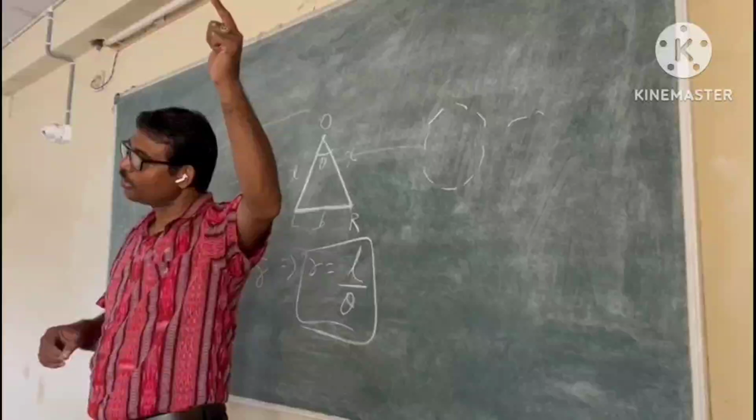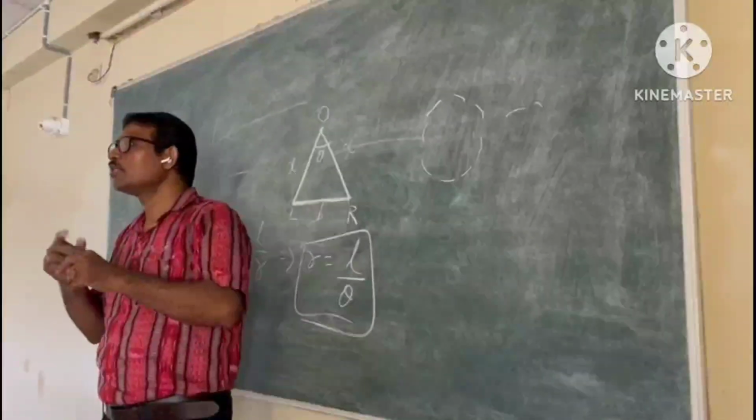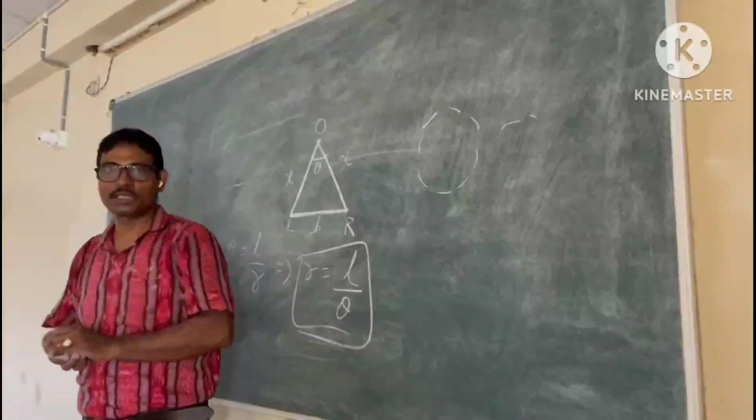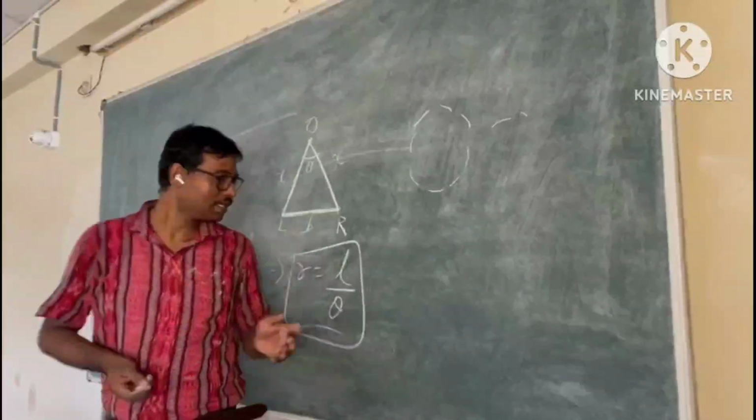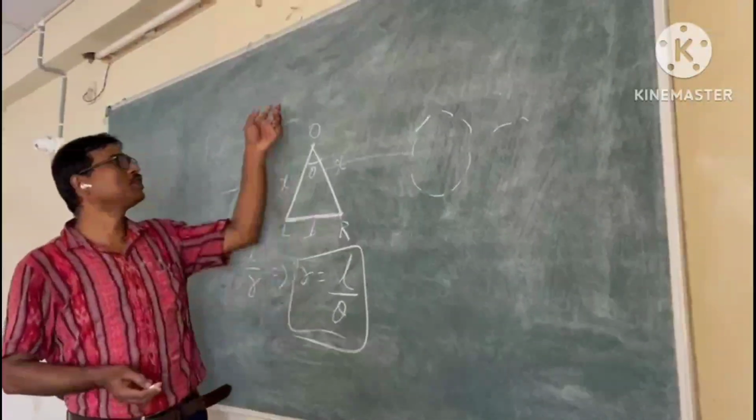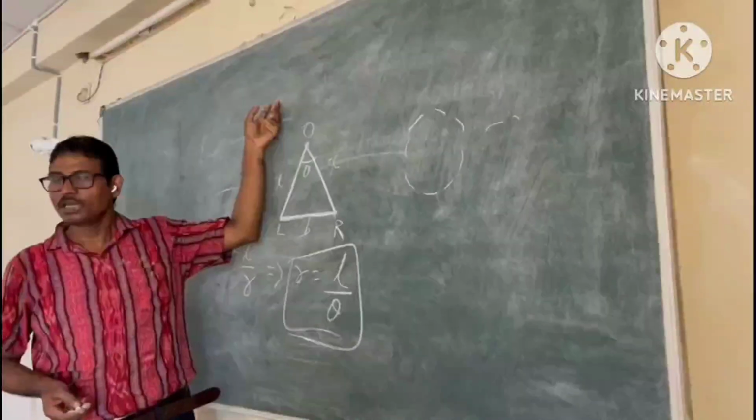Distance more and angle small, so you can get more accuracy. In this way, you have to calculate this value by using the parallax method. Okay? Thank you.